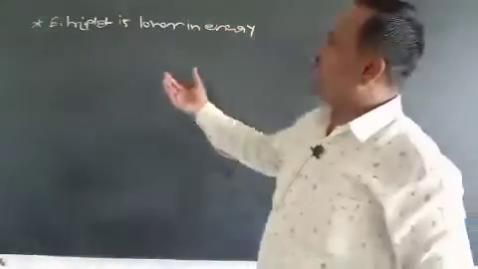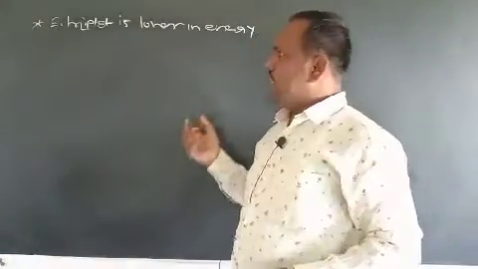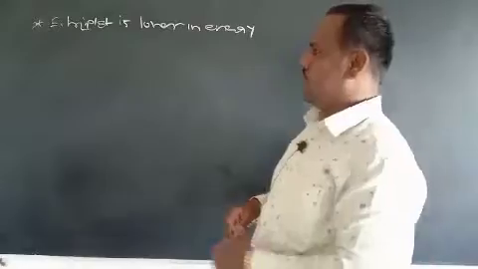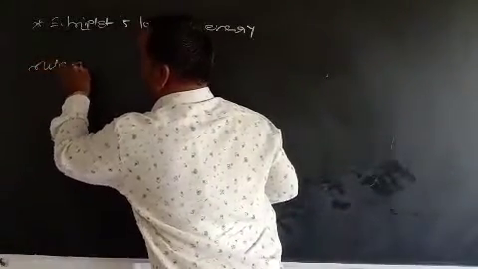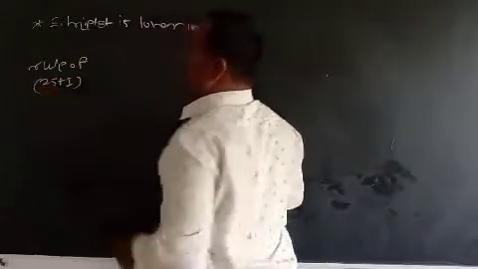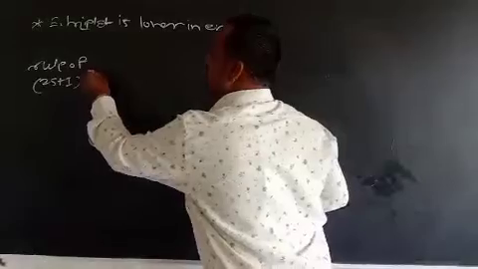So why is excited triplet lower in energy as compared to excited singlet? This is according to the rule of spin multiplicity, the rule of 2S plus 1. So what is the rule of spin multiplicity?